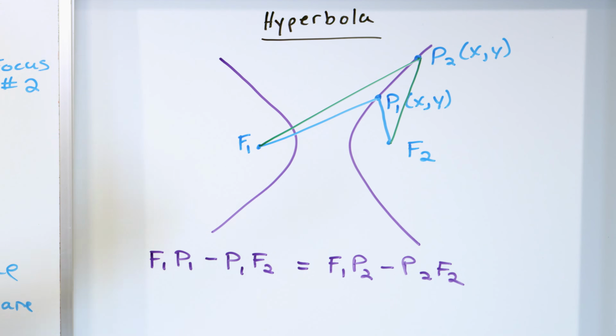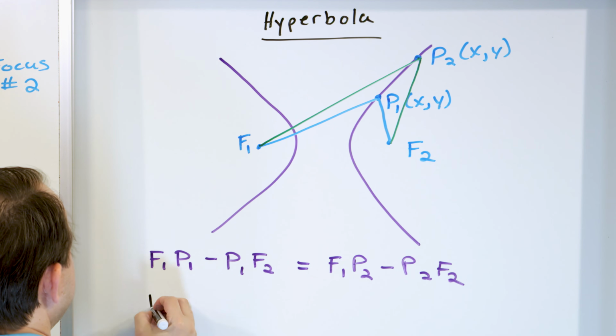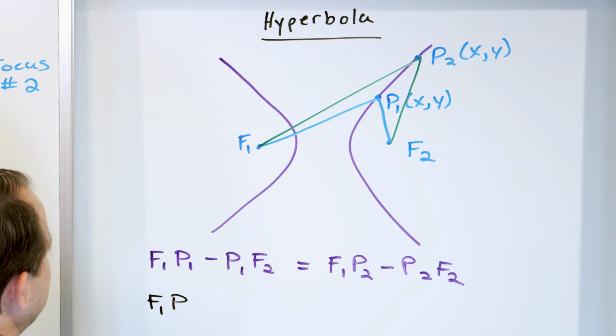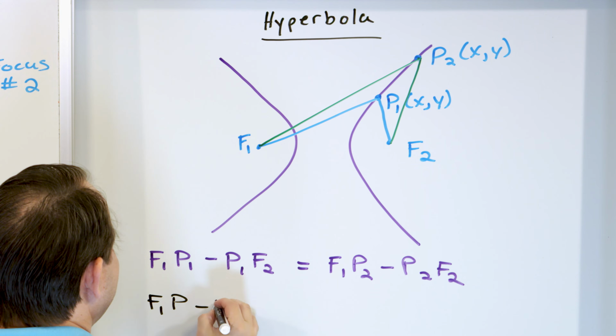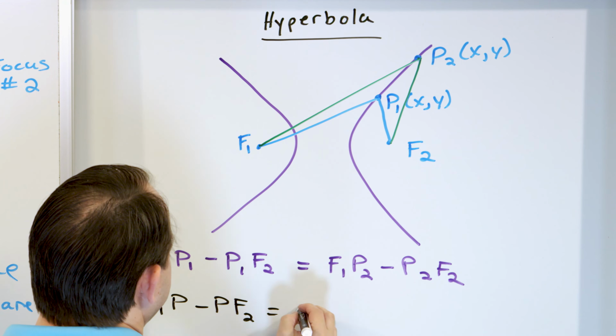Another way to say this is the distance from F1 to any point P on the hyperbola minus the distance from point P to the other focus is going to be equal to a constant.